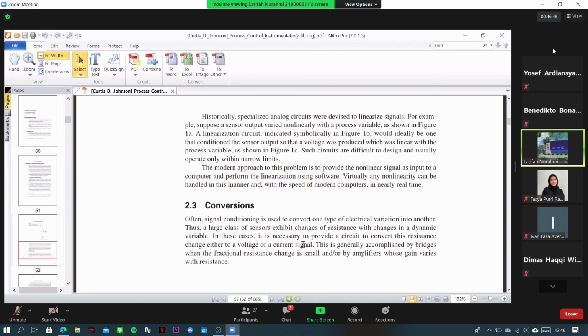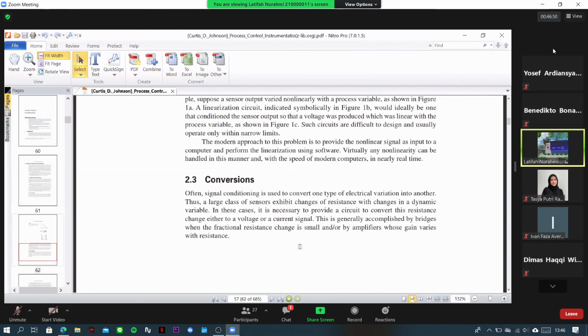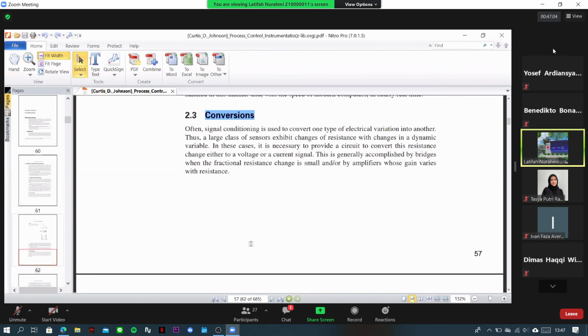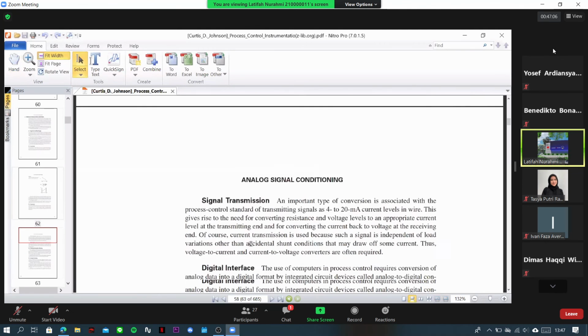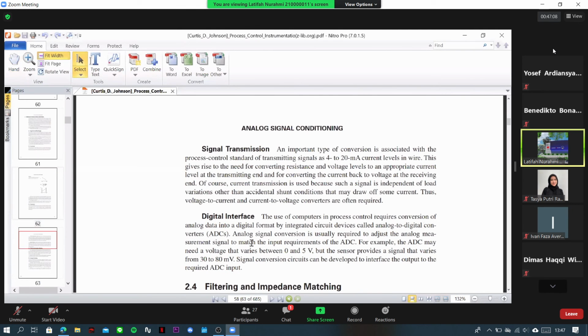The circuits, I'm not jumping into yet. I'm giving you brief introductions to the types of signal conditioning. Conversions, this is what we've learned, to convert from voltage to current or from current to voltage. There's signal transmission, and also a digital interface and so on.